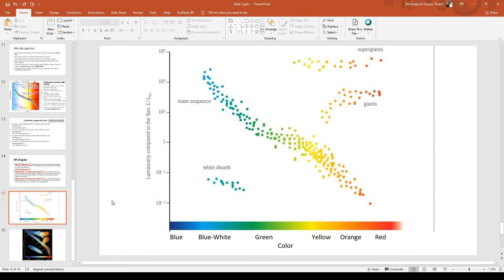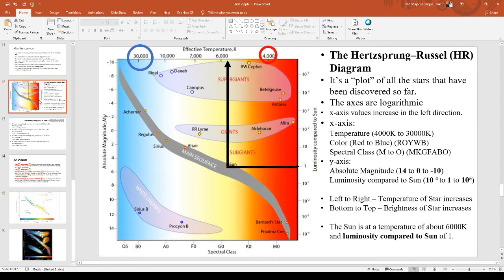Okay, let me repeat the y-axis. On the y-axis you can either have absolute magnitude. If the values in the exam are 14, 12, 10, 8, 6, 0, then the label will be absolute magnitude. But if the values are 10 to the power minus 4, 1, 10 to the power 5, then the label of the y-axis will be luminosity compared to sun.